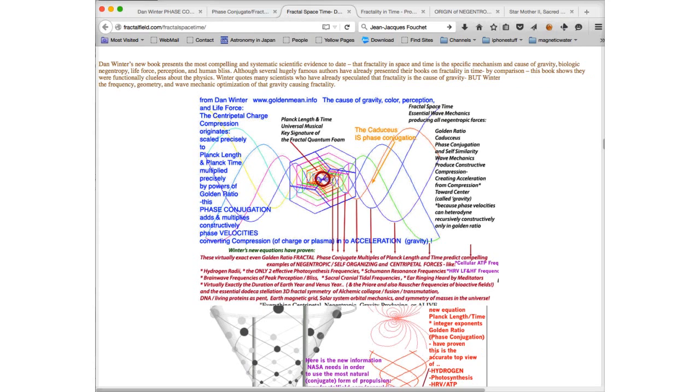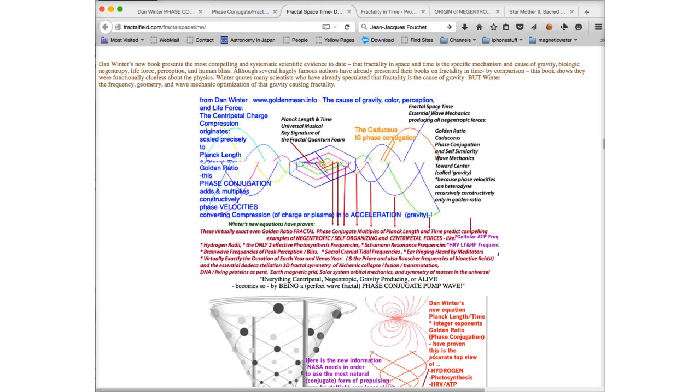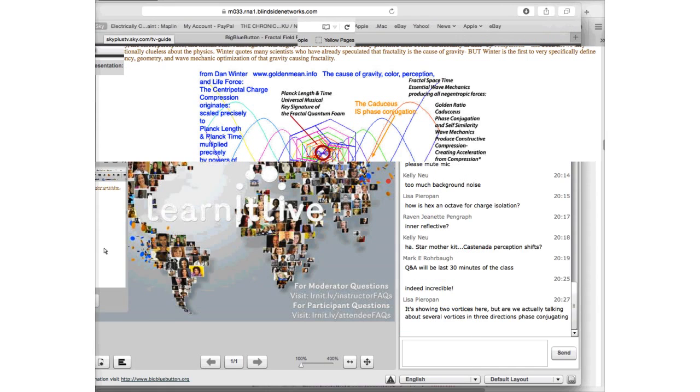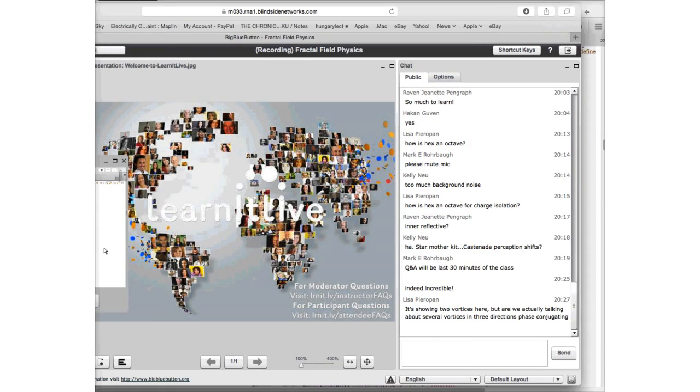Let me just see if we have any questions so far. Lisa says it's showing two vortices here, but are we actually talking about several vortices in three directions phase conjugating? Good question, Lisa. Originally, when phase conjugation was discovered in optics, they called it four-wave mixing.